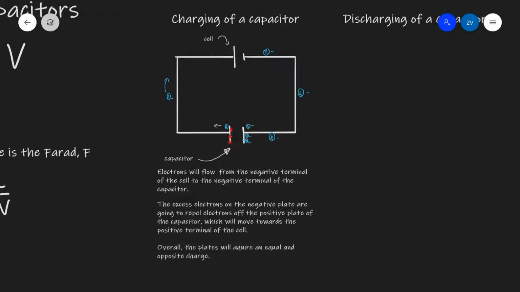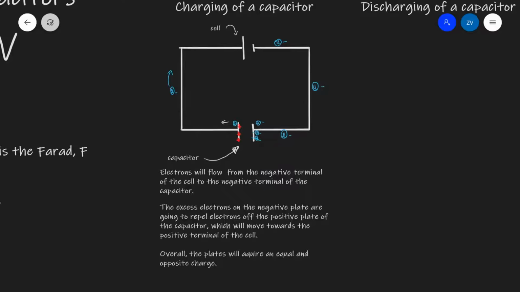We can explain the charging of a capacitor in terms of electron flow. First off, during the charging of a capacitor, we're going to just connect this cell to a capacitor, as we can see over here. The electrons are going to flow from the negative terminal of the cell to the negative plate of the capacitor.